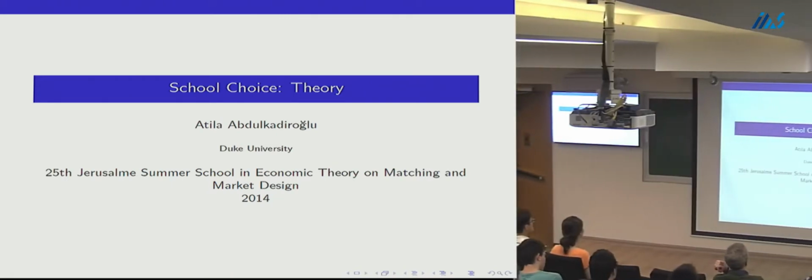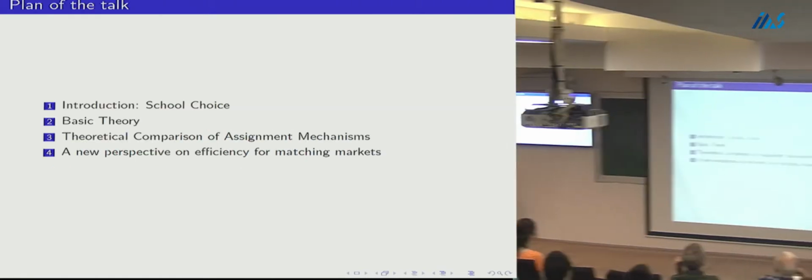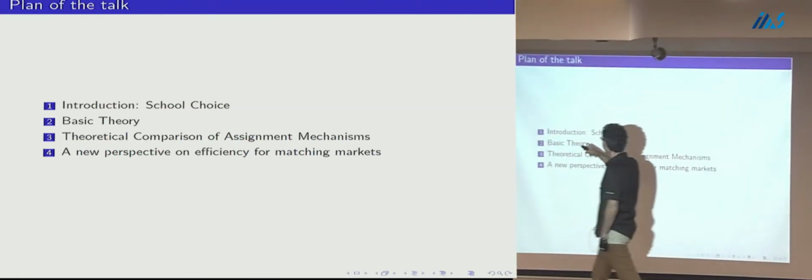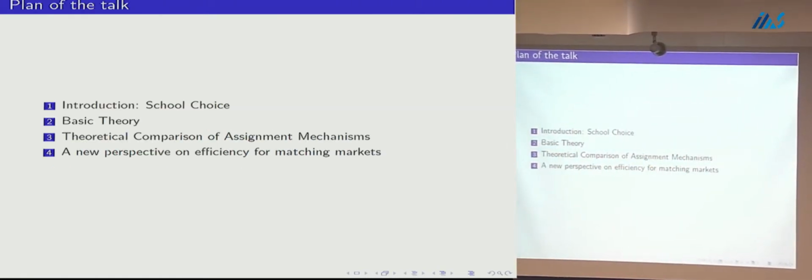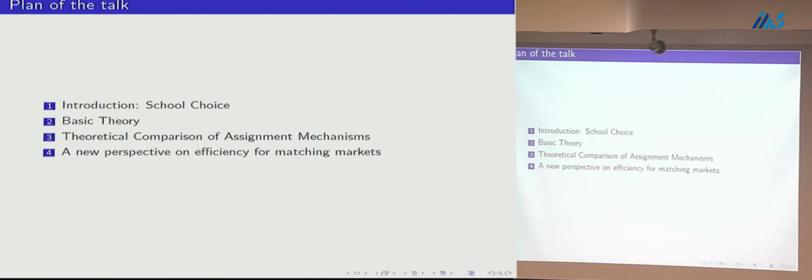So now, I am going to introduce the school choice problem briefly. I am going to talk about some basic theory, and I'm also going to introduce some new theory here. After that, I am going to give a theoretical comparison of the assignment mechanisms.